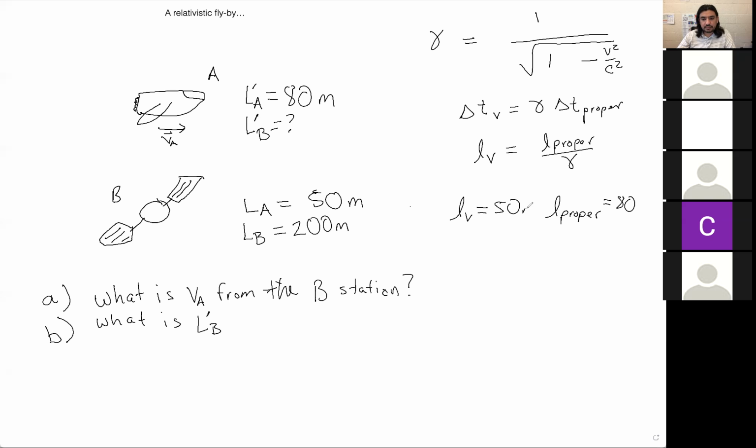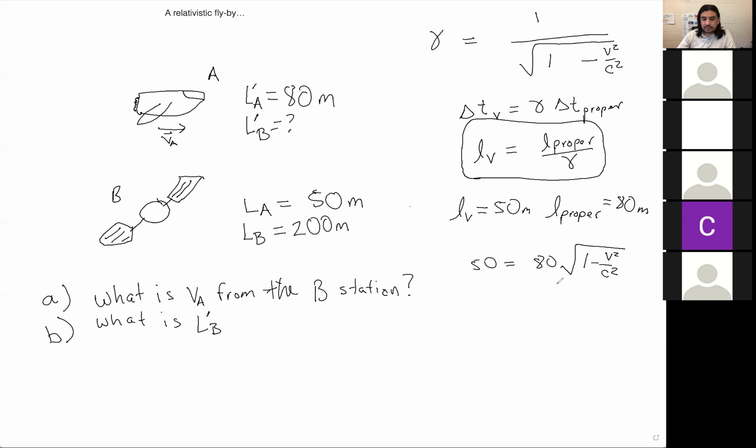So this is 50 meters, this is 80 meters. So then you look at this equation right here, and you can write it out. You have here the 50 meters, here is 80 meters, and then this gamma factor right here, which is up there, is just going to multiply it like this, the square root of 1 minus b squared over c squared.